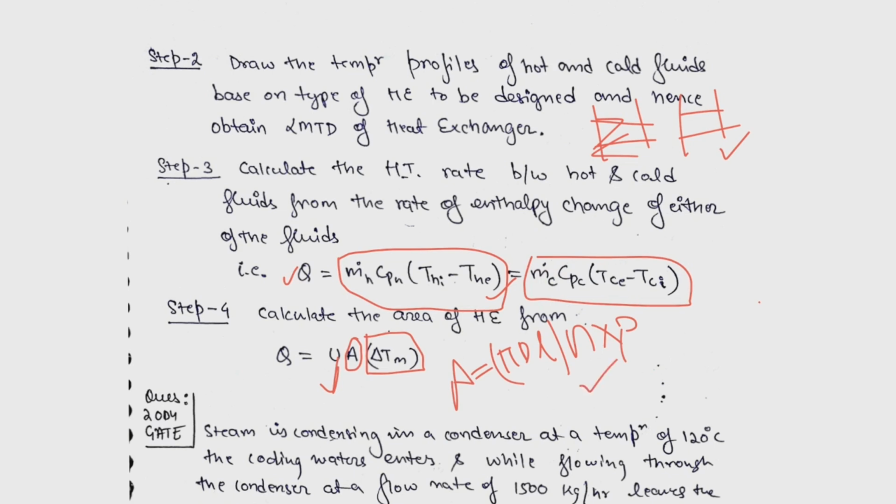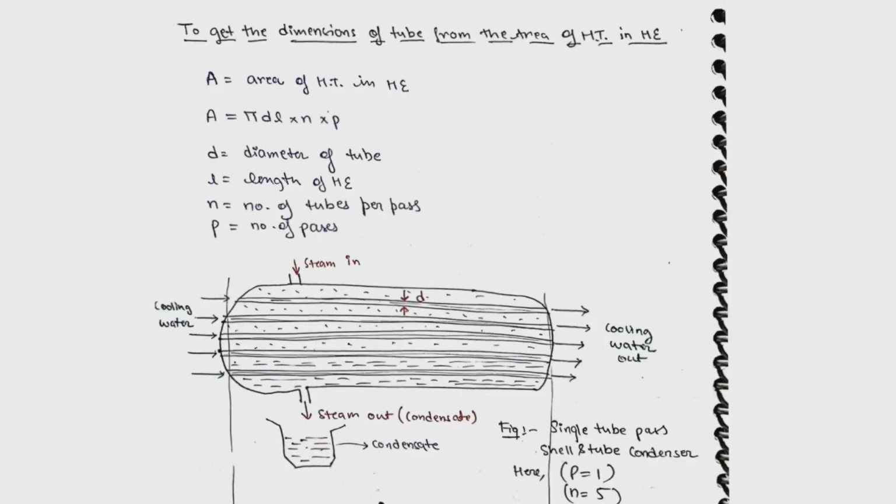We will also solve some problems on this. Okay, you have to calculate the dimensions of a tube from the area of heat transfer in the heat exchanger. Generally this type of question is asked in ESE. In GATE they will not go into this much depth. Anyhow, let us cover this topic also. Area is nothing but the surface area of the tubes, that is pi d L into n into p.